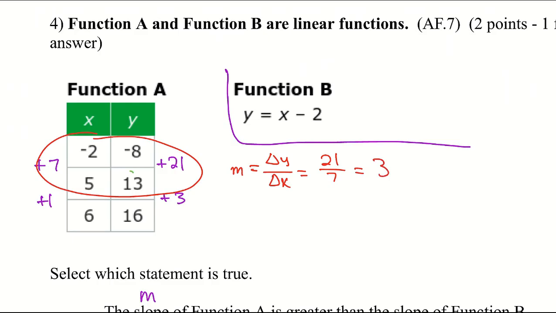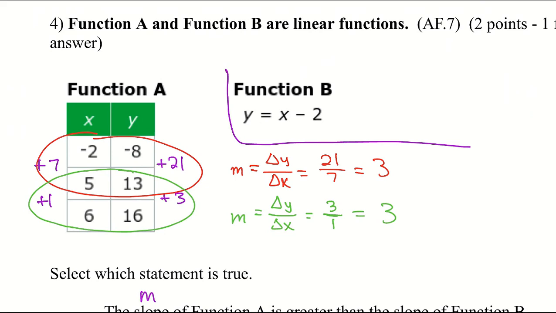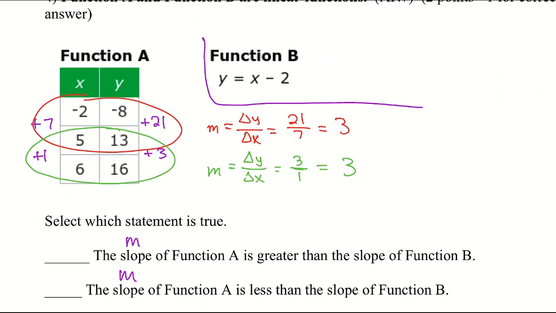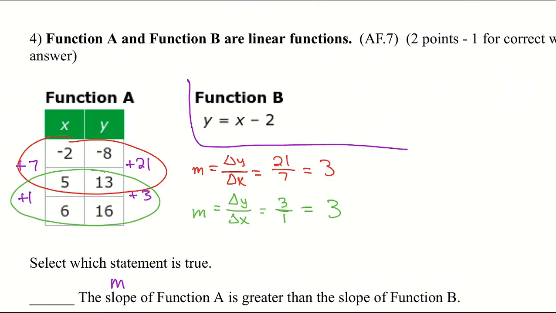If I took these two to find the slope, same thing, change in y divided by change in x, which is 3 over 1, you're going to get the same slope of 3. All right, so it doesn't matter which ones you choose. The key here is it says that they're linear functions. You have to take it for its word, that they're both linear functions, okay?